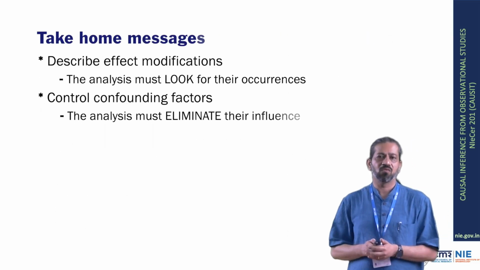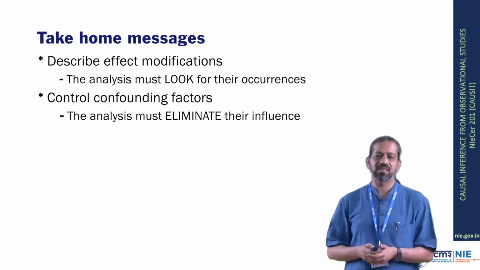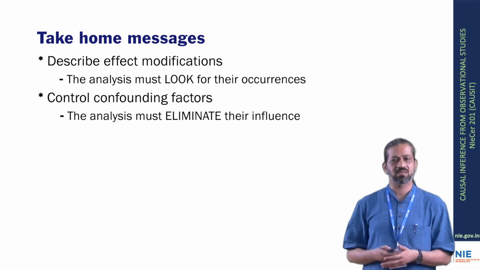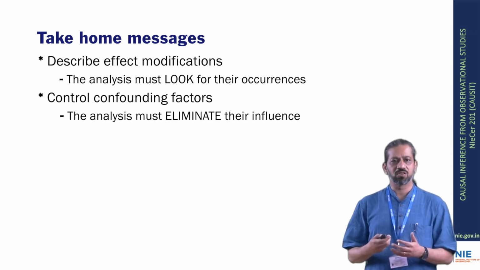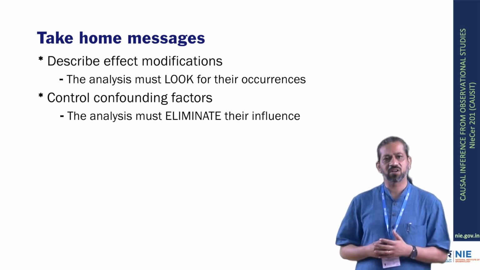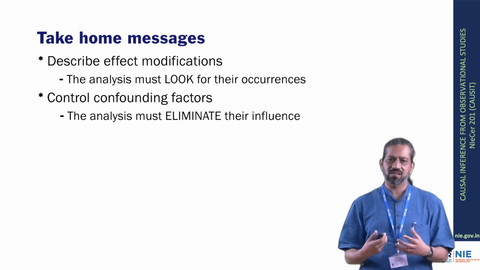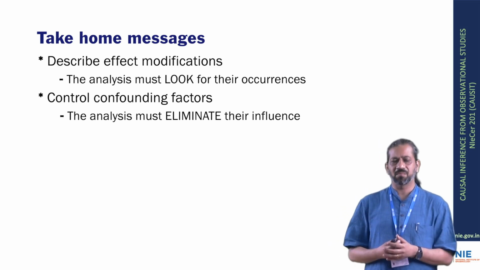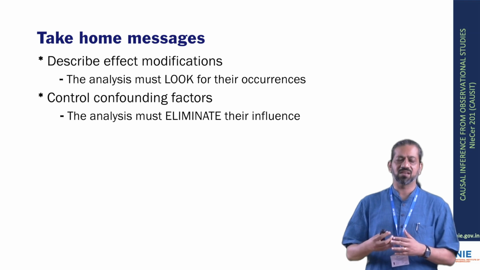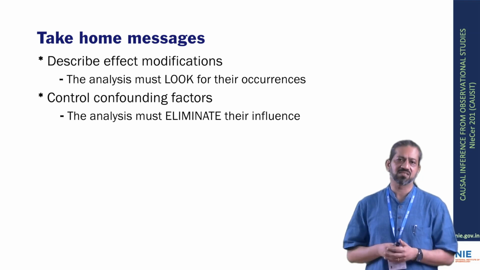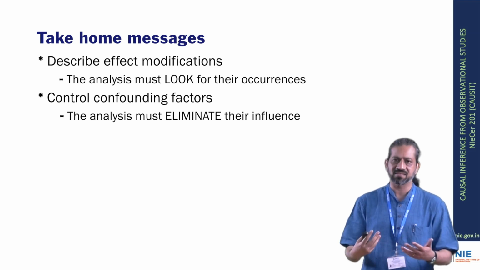So finally, in any analytical epidemiological study where we're trying to know the cause and effect, in order to describe effect modifications, our whole design of the study must be such that we look for the occurrence of effect modification, whether it's present or not, and report it as it is.